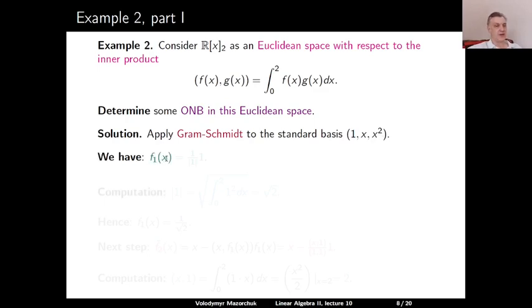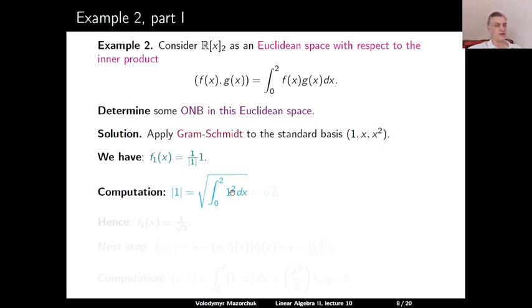So f1 of x, by definition, is equal to the element 1 divided by its length. And the length is with respect to this inner product. So let's compute the length. The length of the polynomial 1 is by definition the square root of the integral from 0 to 2 of 1 squared dx.